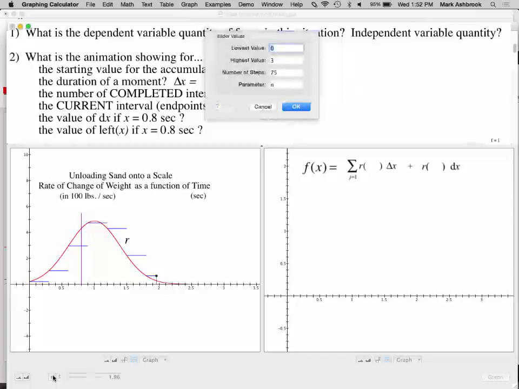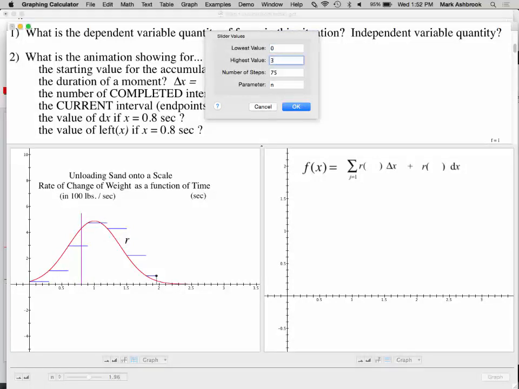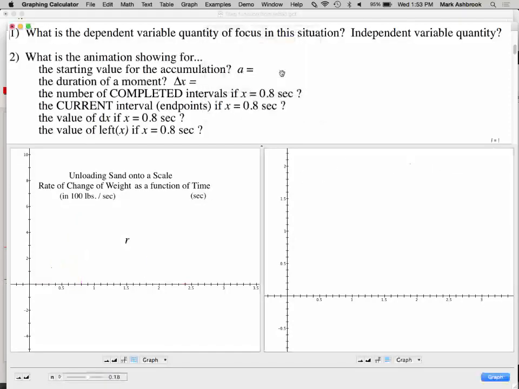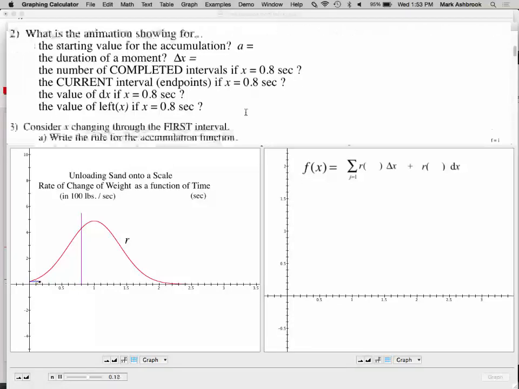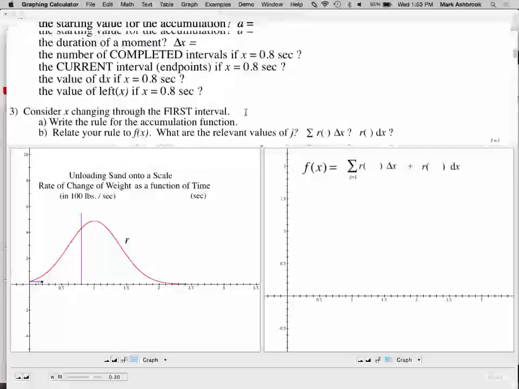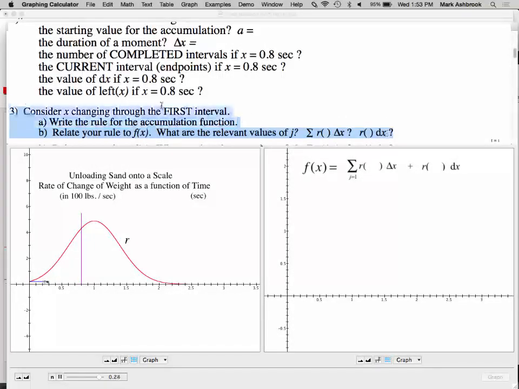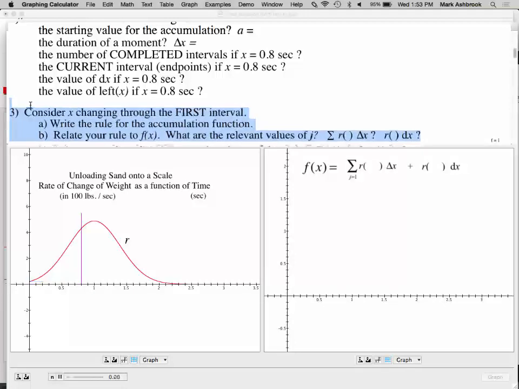I'm going to change the n to show just the first moment from 0. We're going to focus on this first moment, and I'm showing it over and over again. What will the accumulation function be in that first moment? So I'll set you loose here.